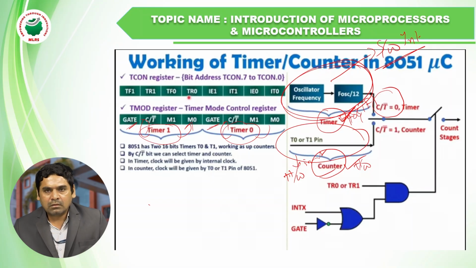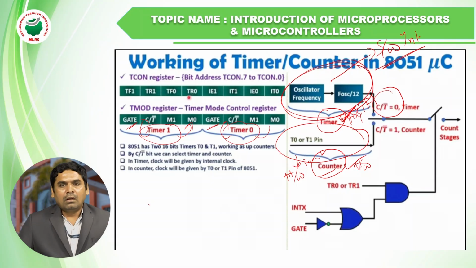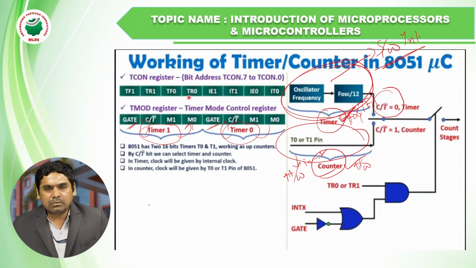These are the modes. And C/T bar: when C/T bar equals 0, it works as a timer; when C/T bar equals 1, it works as a counter. So C/T bar decides timer or counter.